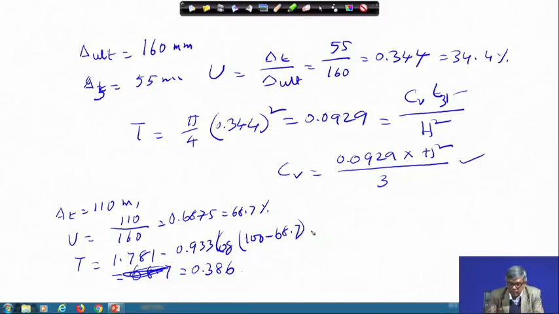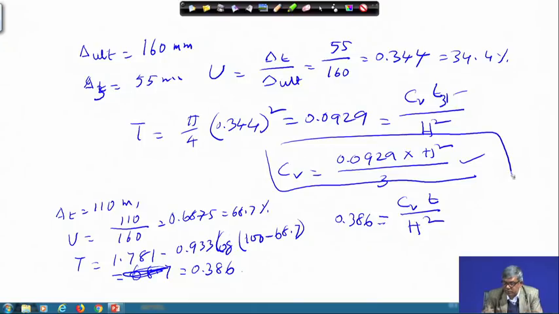Now, 0.386 will be equal to C V T by H square, and for both cases H is the same and C V is the same. So, if I substitute C V from here in this equation, then I will get T for the 110 millimeter settlement.